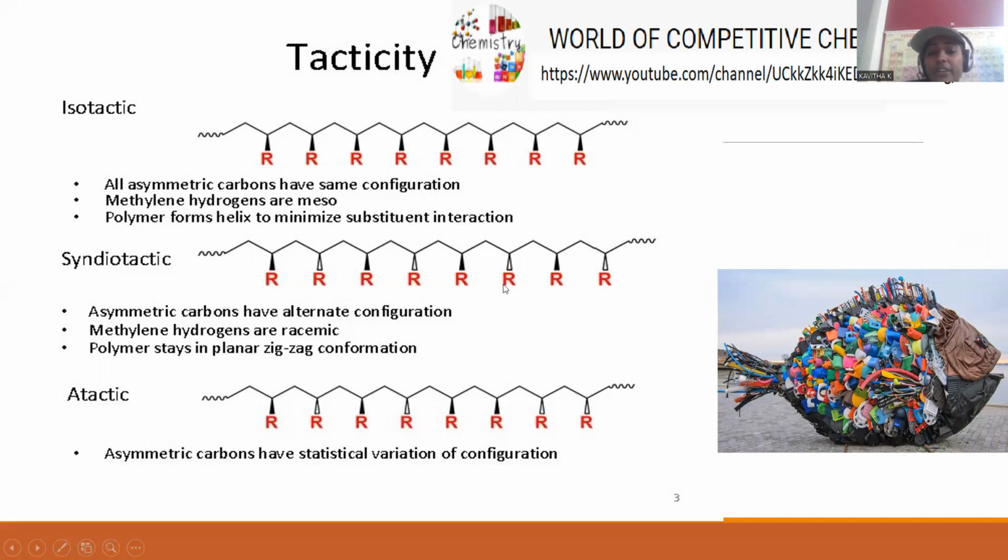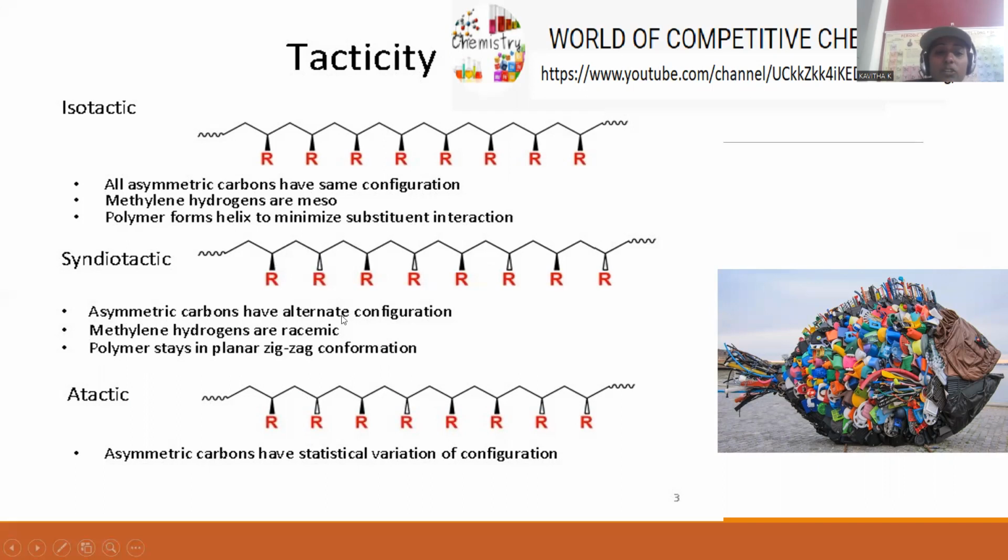Front, back, alternate arrangement. One is a wedge bond, another is a dotted bond. So syndiotactic denotes an alternating arrangement: one is above, one is below, above, below, above, below. In this manner, they are arranged.